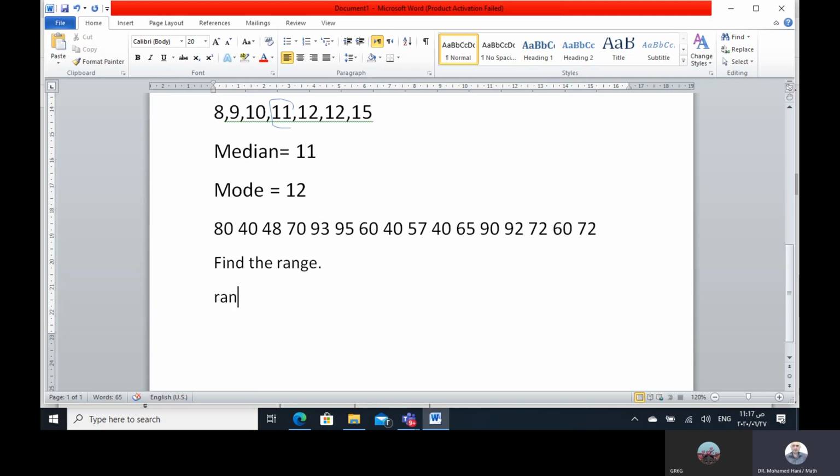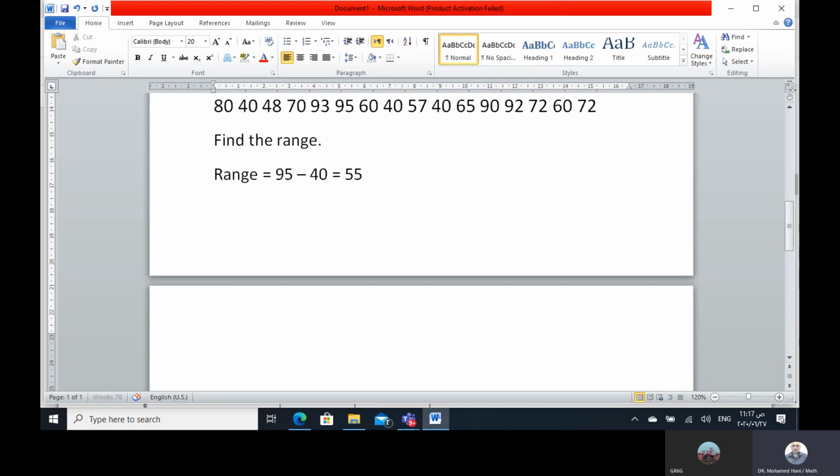We have 4 measures of variation. The first one will be the range. The range equal the big value inside the data minus the smallest value inside the data. What is the big value here? As you see here, 95 minus the smallest value, as you see here, will be 40. 95 minus 40 will be 55.